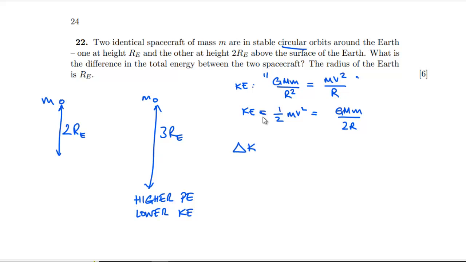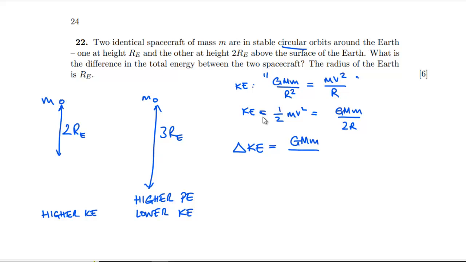So the difference in the kinetic energy is going to be equal to GMm over 4RE minus GMm over 6RE, because we've got the higher kinetic energy for the smaller orbit. You can see in this formula that as you increase R, the kinetic energy drops.